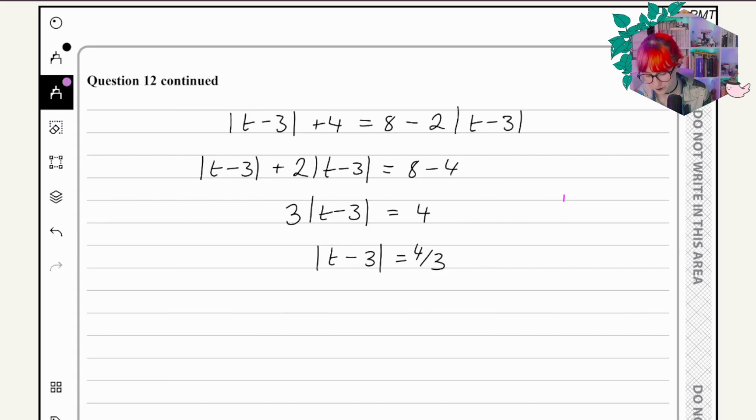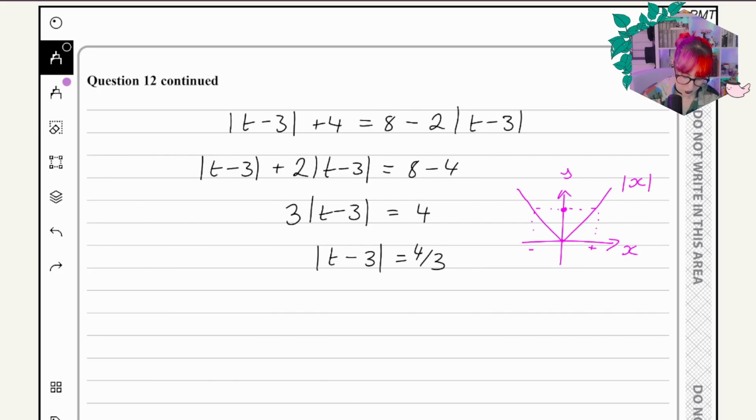If you remember, the graph of modulus of x looks like this. And what that means is for any value of mod x, there are two possible options. There's positive x, and then there's minus x, or minus the value. So we have two possible cases.